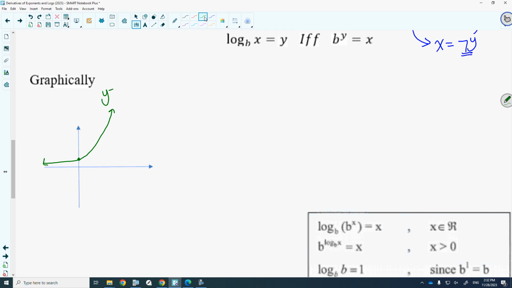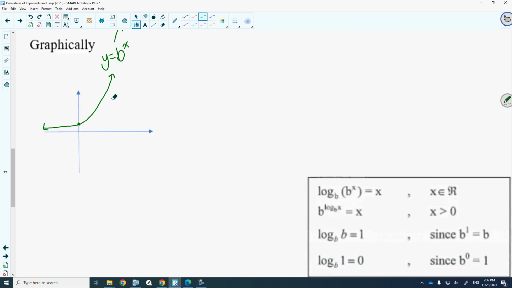So y is equal to base b to the power of x, and this is going to be base greater than 1 because I want it to be a growth graph. If I say I want you to graph the inverse of this, well, an inverse graph is always going to be a graph that's reflected in the line y is equal to x.